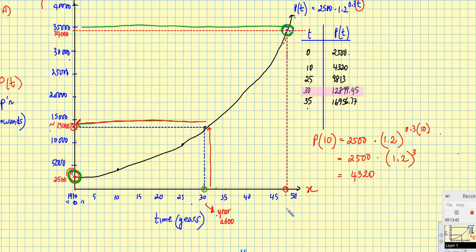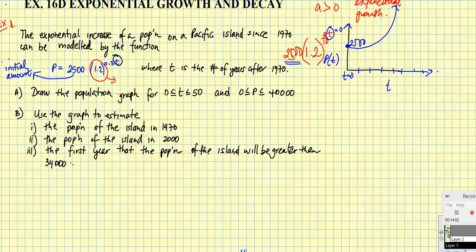So from 1970 to 2000 would be 30, and then another 18 would be 2018. So it looks like it could be approximately the year 2018 when the population of the Pacific Island is just greater than 34,000.